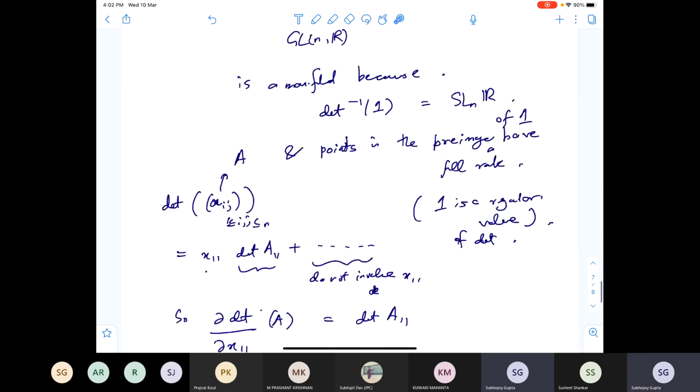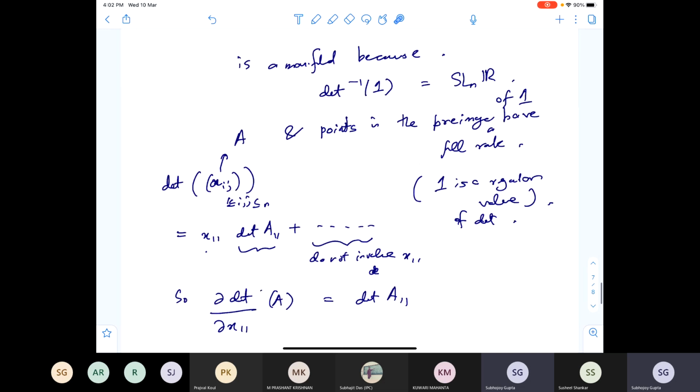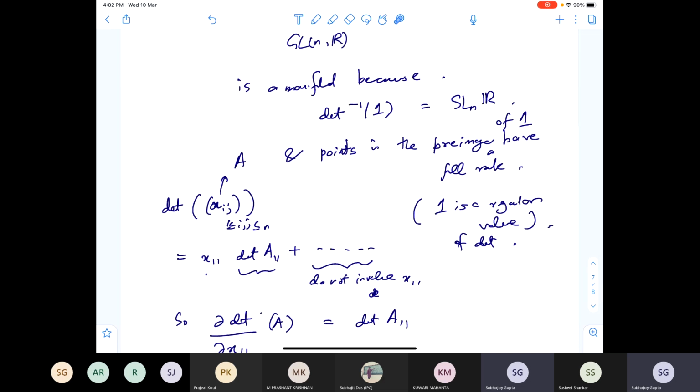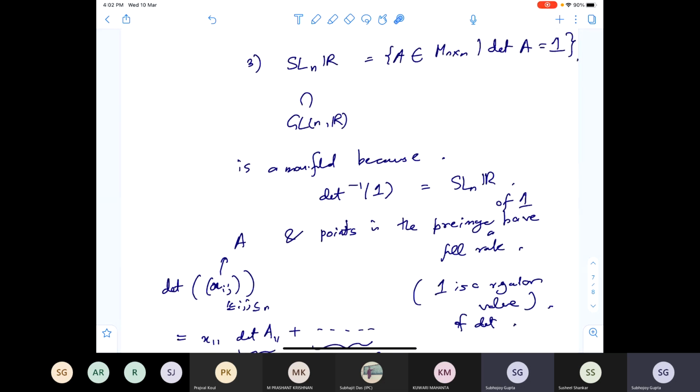So you want one of these to be non-zero, but that's guaranteed if the determinant is 1. If the determinant is 1, then all of these cofactors can't vanish, because then your determinant would be 0. So it's easy to check that this full rank condition, this condition of being a submersion, actually holds for the pre-image of 1.